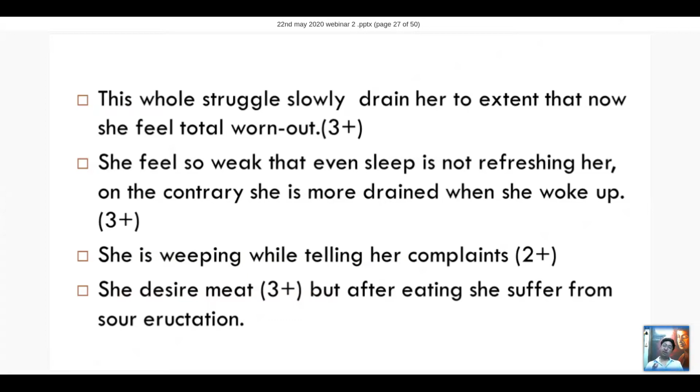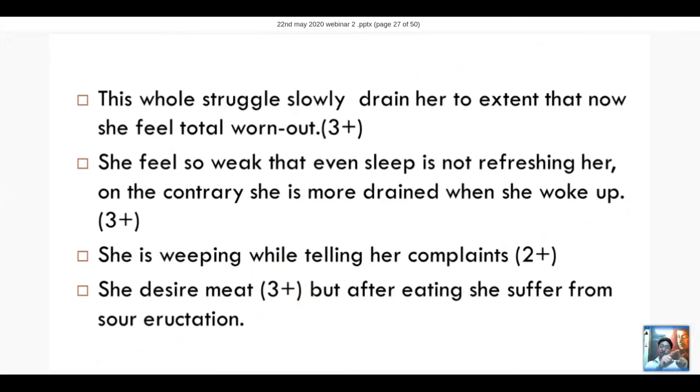Very good remedy when the patient becomes totally worn out, and even not refreshed by sleep. And it is a very good remedy when the patient tells you that in the morning when he wakes up, he wakes more unrefreshed. The whole thing in this patient, and along with that, the totality, the desire for meat and sleep symptoms, they are pointing to the same remedy.